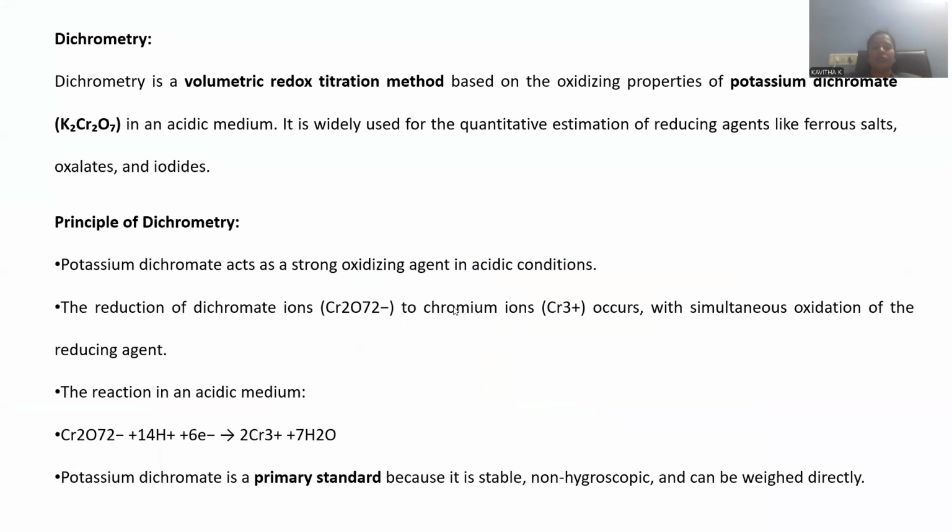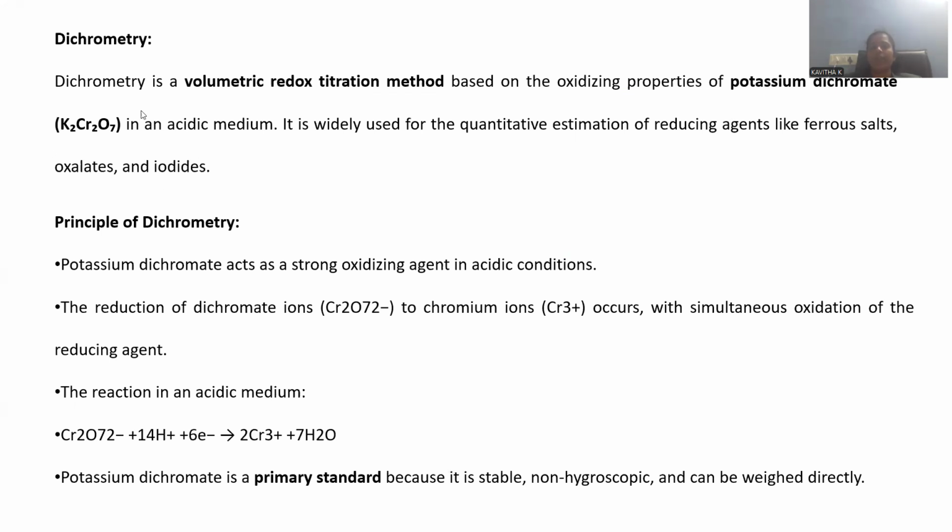Now enter into that dichrometric titration. Dichrometry is a volumetric redox titration. Redox stands for a reaction involving oxidation and reduction simultaneously, that is denoted as a redox titration. Within volumetry, redox titration, there is a utilization of the oxidizing agent potassium dichromate K2Cr2O7.